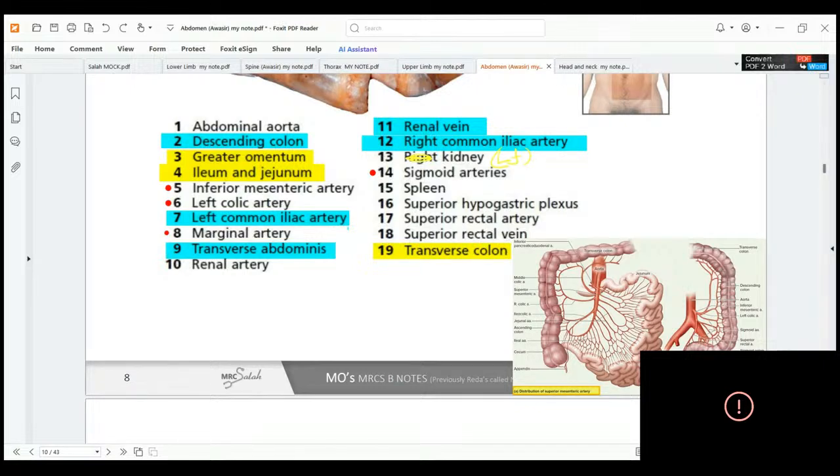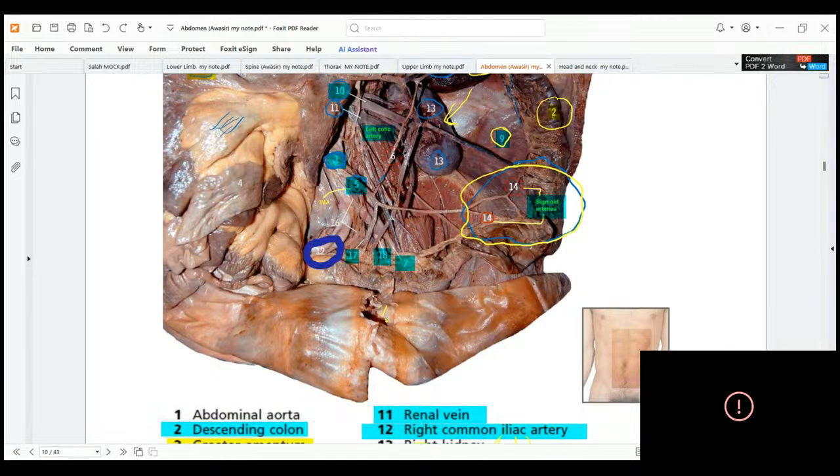Inferior mesenteric will give sigmoid artery, superior rectal, and left colic. And superior rectal here is number 18, below the sigmoid. Okay, number 14 is sigmoid artery.